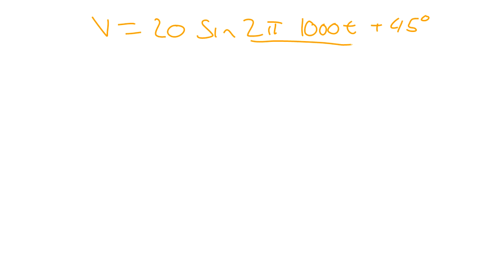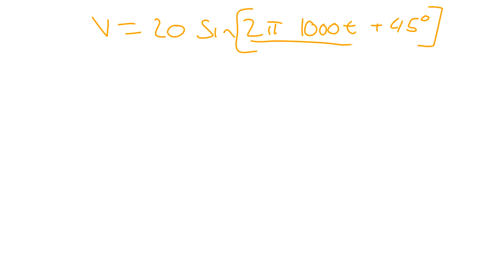I think they meant to do this, because if the 45 degrees was outside the sine, you wouldn't be adding like things. In other words, if it was sine of 2 pi 1000 t times 20 and then adding 45 degrees to all of that, that would not make sense, because you couldn't add 45 degrees to this magnitude. They're two different things. So they should have meant to put the parentheses in, so it will be sine of 2 pi 1000 t plus 45 degrees.